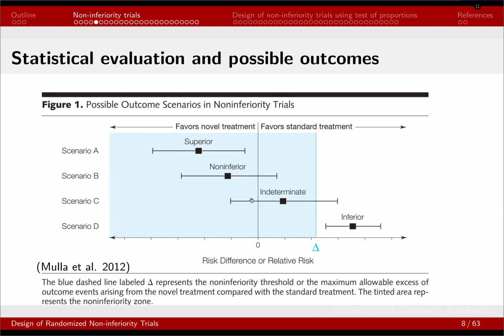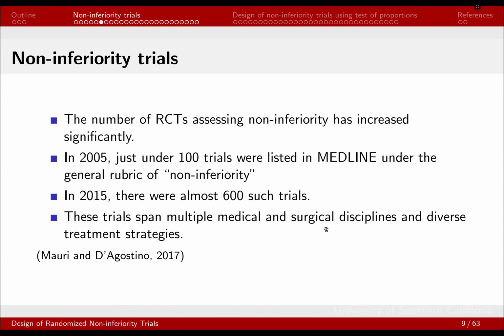In scenario C, the confidence interval of the hazard ratio does not exclude the pre-specified margin, so we cannot claim non-inferiority. In the last scenario, the lower bound of the confidence interval actually lies above the pre-specified hazard ratio margin, so the new treatment is actually inferior.